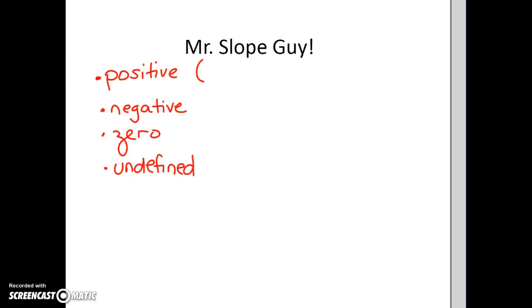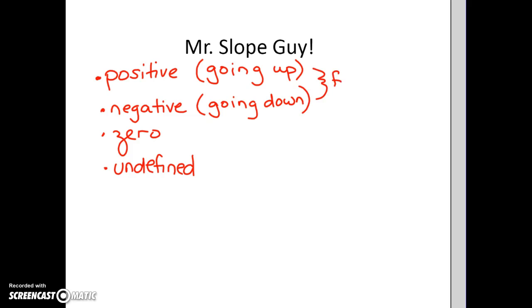Positive slopes are going up, and we read slopes the same way you read words, from left to right. The negative slope is going down. Again, this is from left to right.